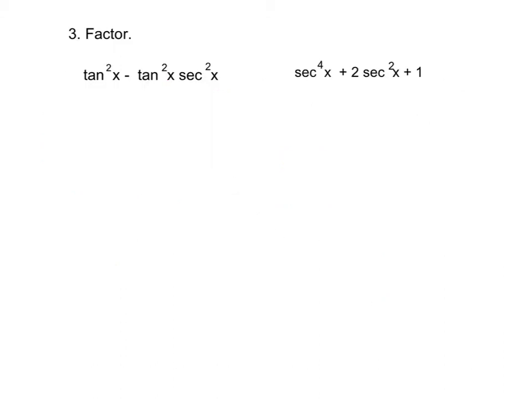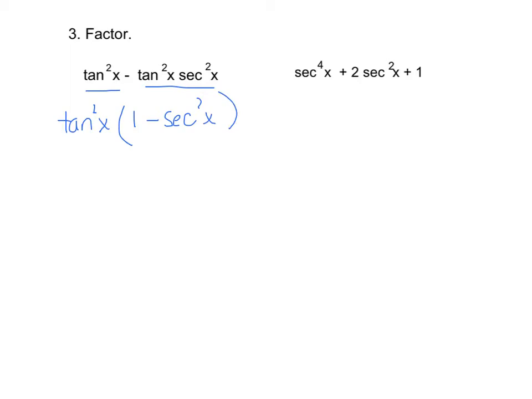Another technique is to factor. And over here what we're looking at on this side is we're looking for a common factor. You can see this is a term, a minus sign, and another term. So one thing that we're going to do is we're going to factor out a tangent squared from both sides, and then I have 1 minus secant squared x.